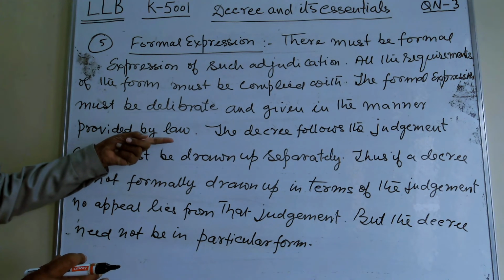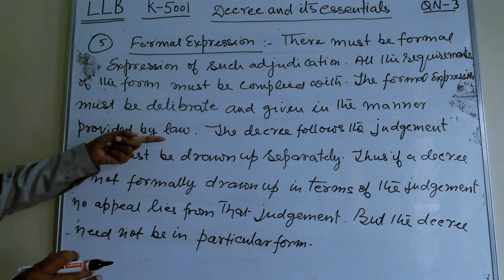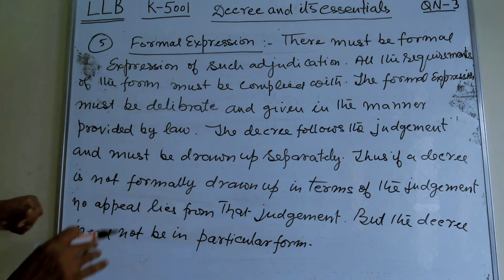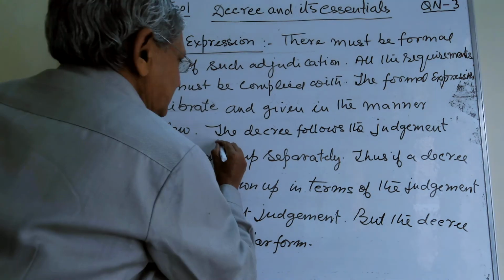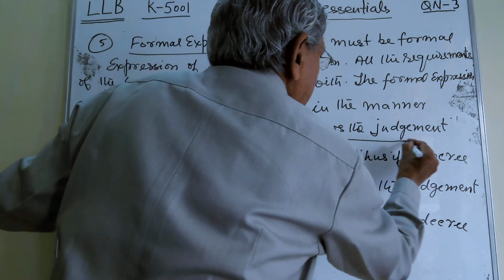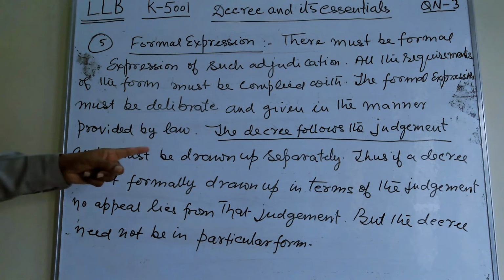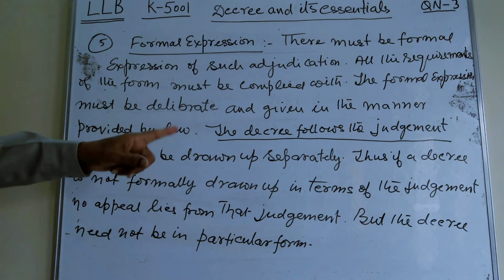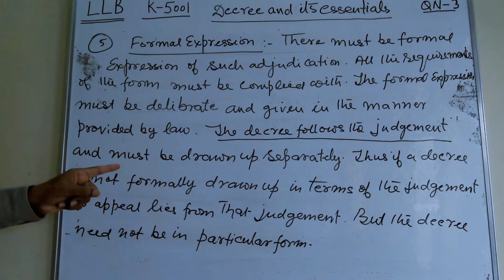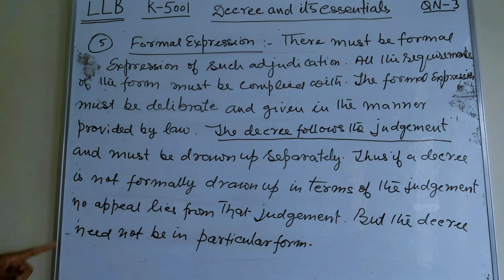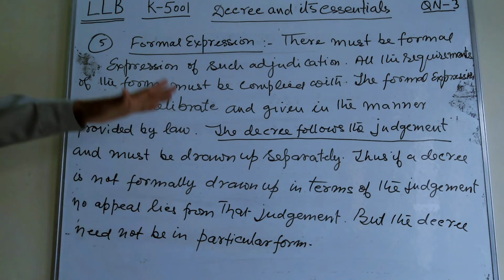So, every formal expression must be under the law. The decree follows the judgment. Here you see, this is the most important part of this fifth essential condition. The decree follows the judgment and must be drawn up separately. Thus, if a decree is not formally drawn up in the terms of the judgment, no appeal lies from that judgment.